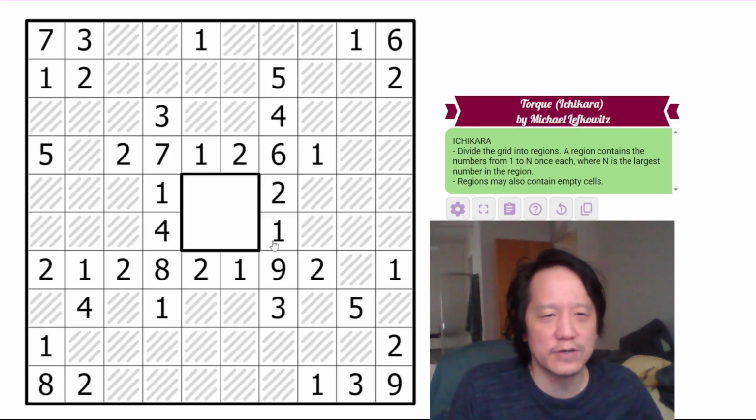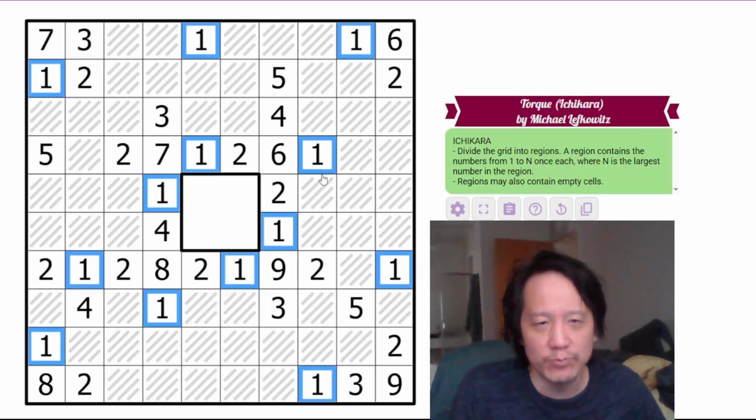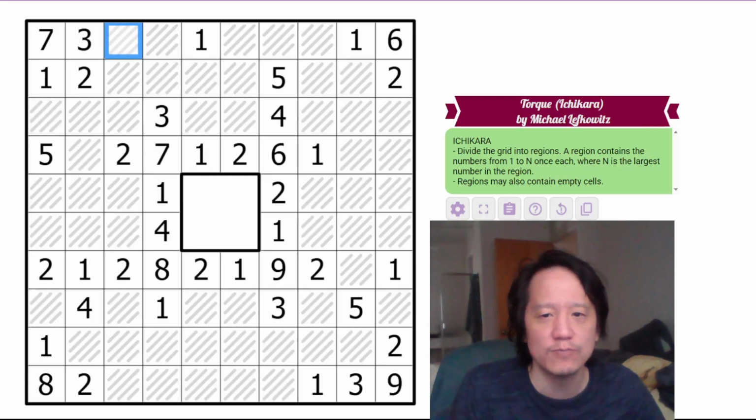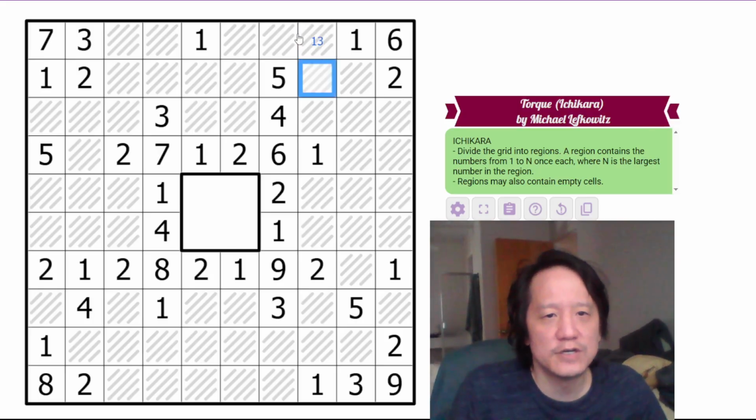Let's go. Okay, what I like doing for Ichikara puzzles is count how many of each digit we have. So we have 1, 2, 3, 4, 5, 6, 7, 8, 9, 10, 11, 12, 13 ones. How many 2s do we have? Let's start from this way because then we can get potentially more space. 2s.